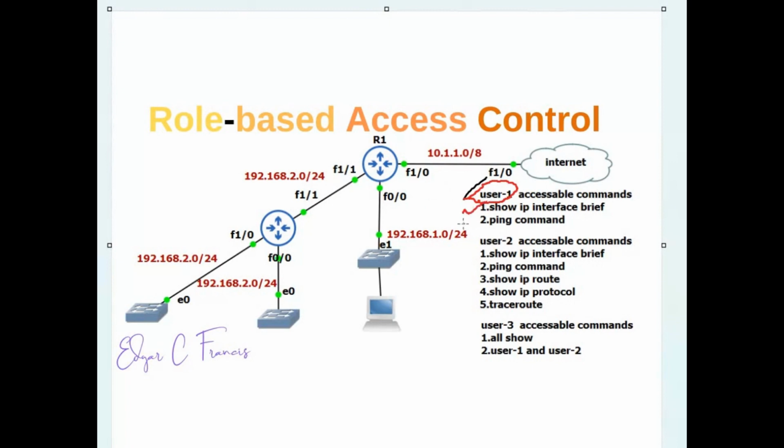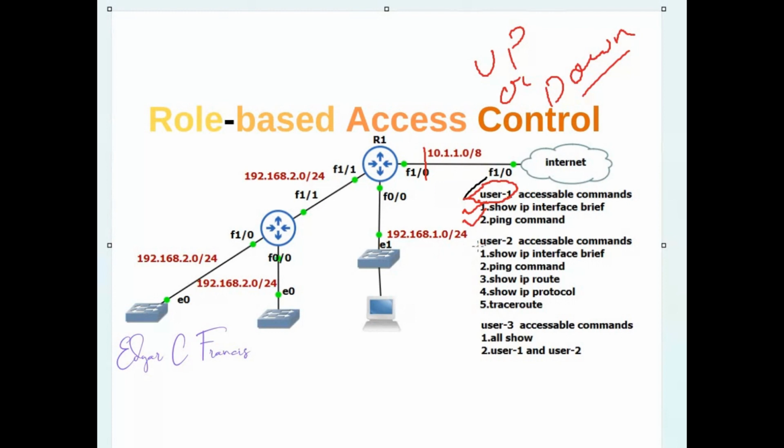One is show IP interface brief, another one is ping. So user 1 can only perform these two commands and check the interface status, whether it's up or down, and it can ping to check the connectivity.